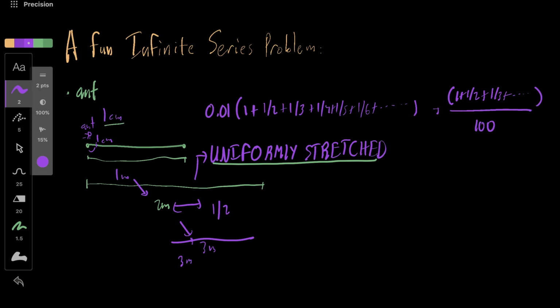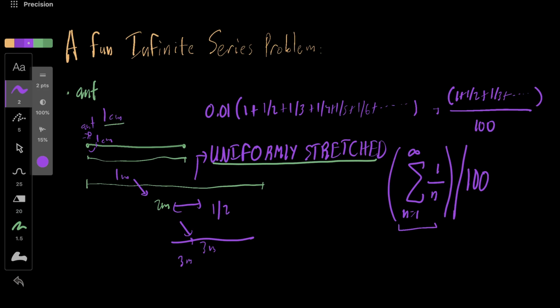Now, basically what happens now is, let's write it another way. Well, you can say the sum from n equals 1 to infinity of 1 over n, and we divide this value by 100. Now, again, remember that this diverges because it's the harmonic series.